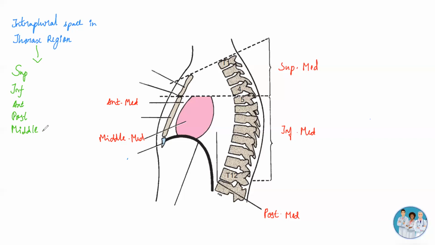The mediastinum is an intrapleural space in the thorax region, and it has these parts: superior mediastinum, inferior mediastinum, anterior mediastinum, middle mediastinum, and posterior mediastinum.